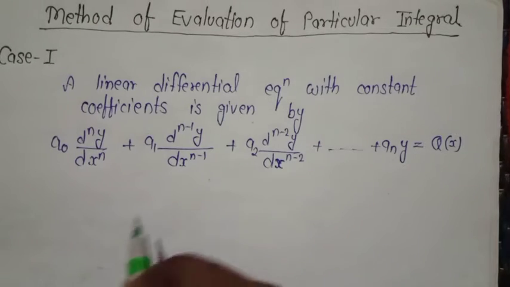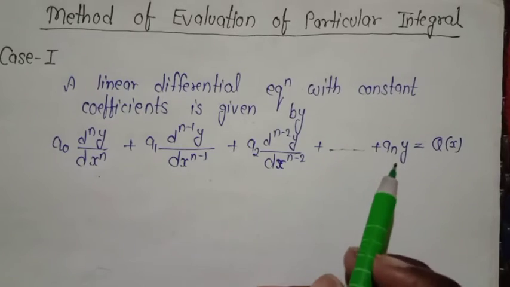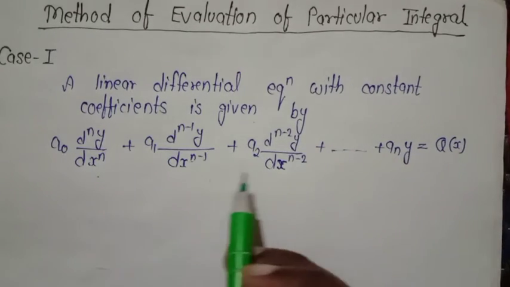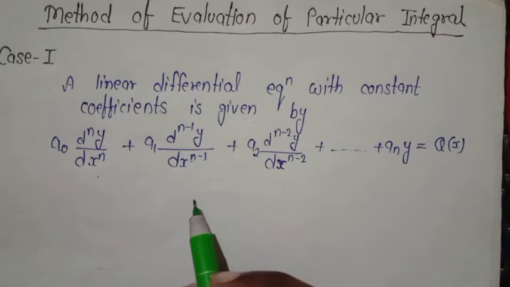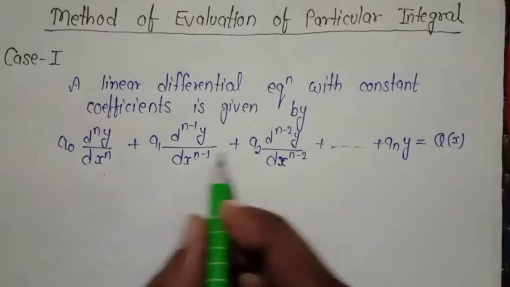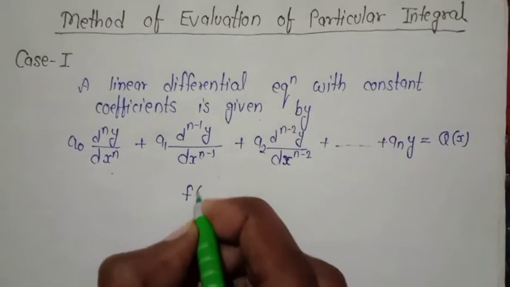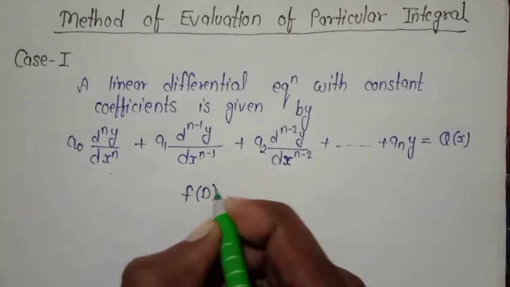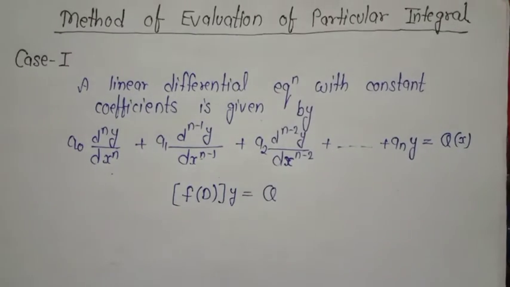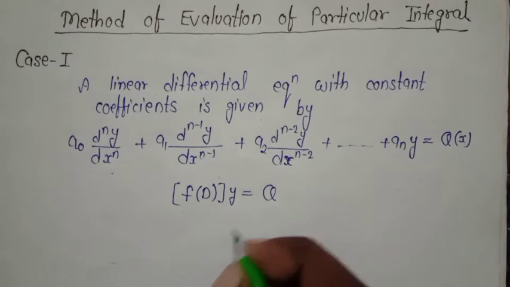As I discussed in my earlier video, the linear differential equation with constant coefficients is of this form. In order to write the particular integral for this differential equation, firstly you can see this is a function of D, because a0, a1, a2 and so on up to an are all constants, so we can write it as f of D, which is a function of D alone, into y is equal to Q. Now the particular integral completely depends on this function Q, and what was Q?